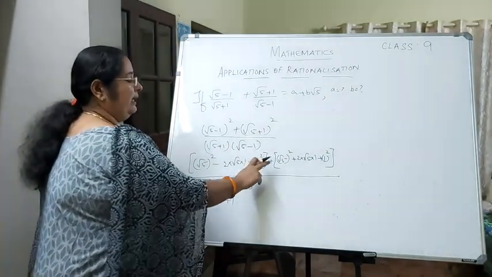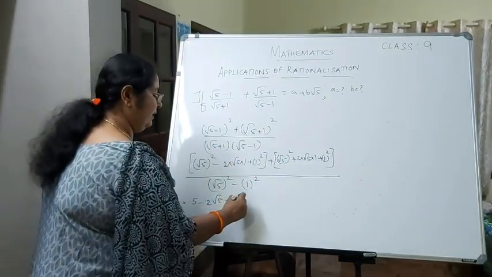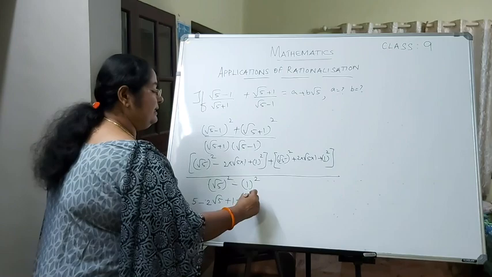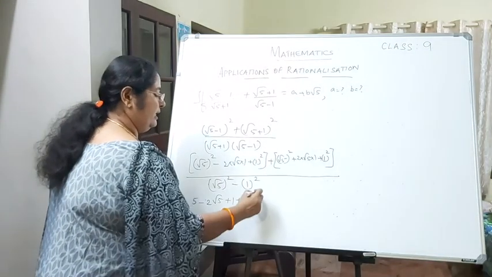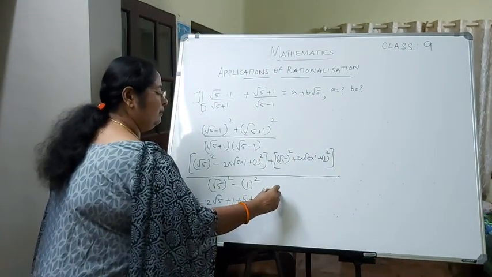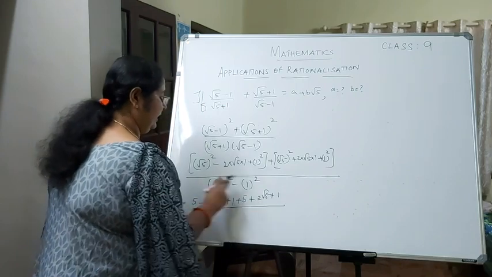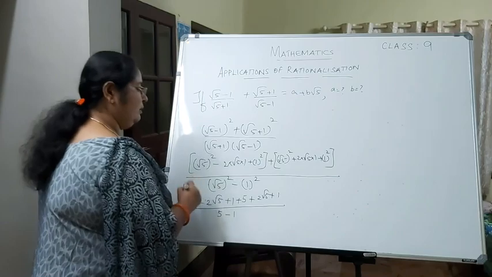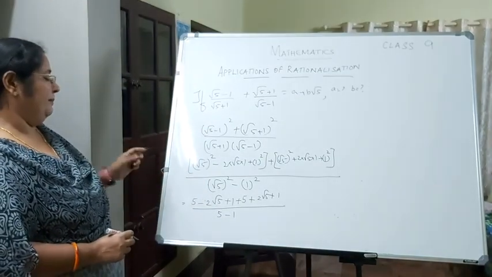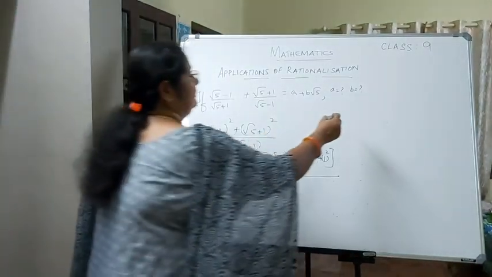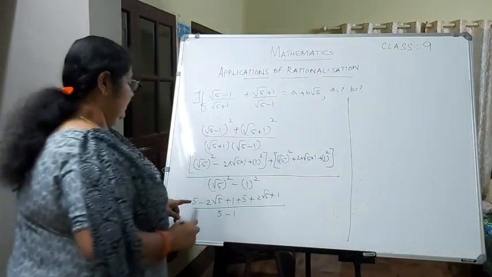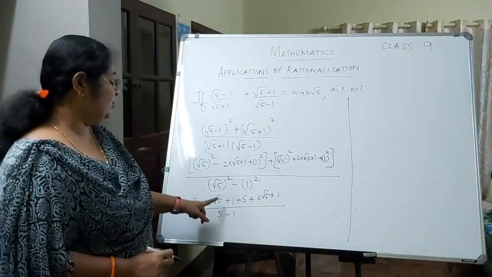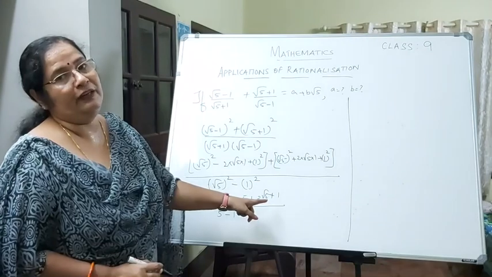So when I open the bracket, I again get root 5 the whole square, which is 5, plus 2 into root 5 into 1, which is 2 root 5, plus 1 square, which is 1. The whole divided by root 5 the whole square, which is 5, minus 1 square, which is 1. Now let us write that here. Here you have minus 2 root 5 plus 2 root 5.